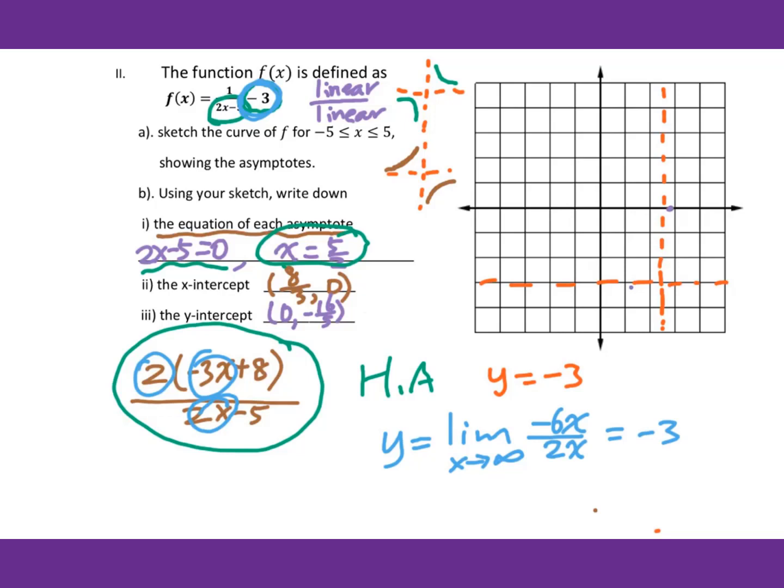Let's plot over here. For y-intercept, that's negative 16/5, means negative 3.2. It's here. Now you can sketch the graph.